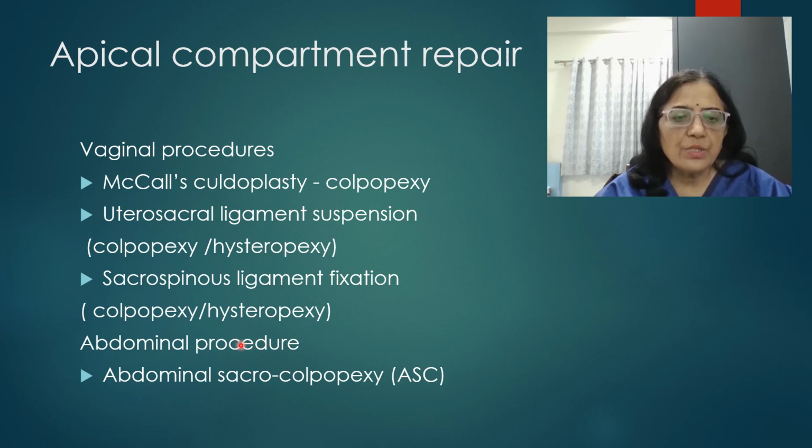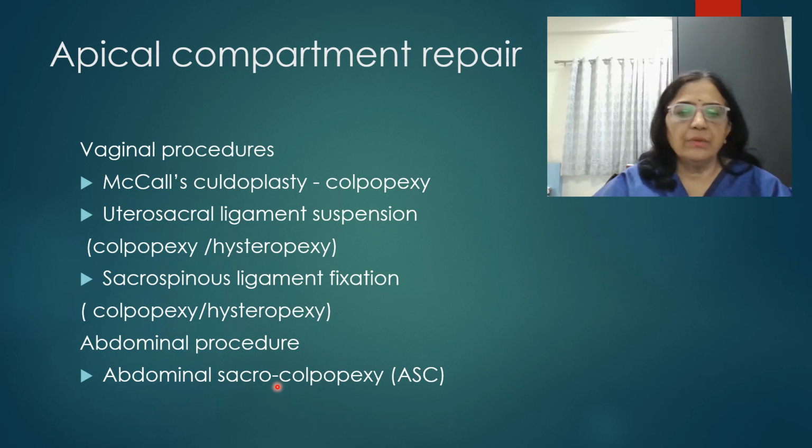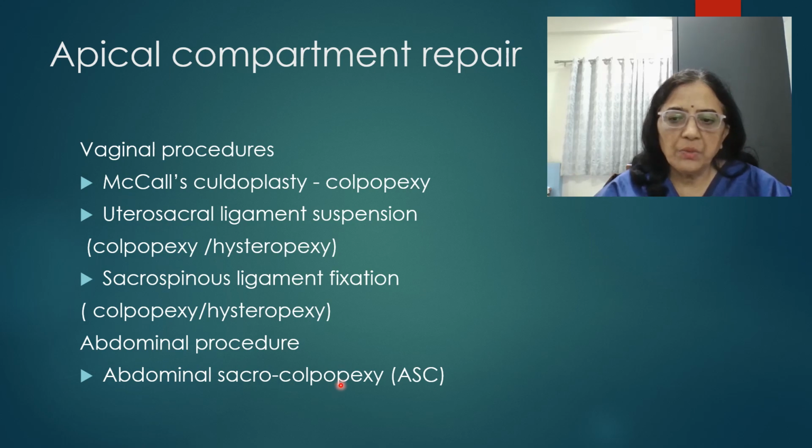Only one abdominal procedure is there, that is abdominal sacrocolpopexy, where with the help of mesh we attach one end of the mesh to the anterior longitudinal sacral ligament just below the level of the sacral promontory, and the other end is attached to the anterior and posterior vaginal wall.